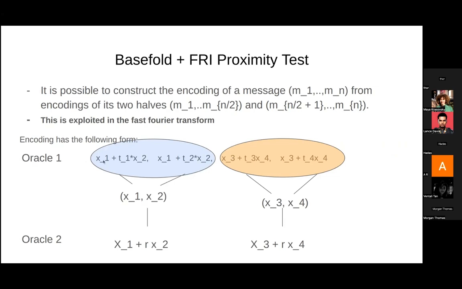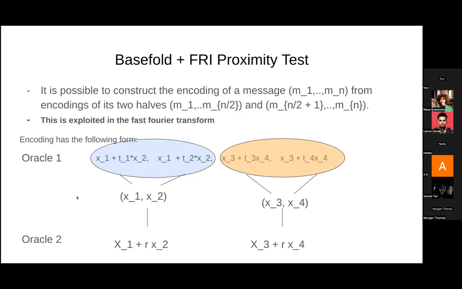And it'll be of the form x1 plus t1x2, x1 plus t2x2, which are just 2 degree 1 linear equations. You can interpolate them using standard Lagrange interpolation to get x1, x2, and then combine them to get an element in oracle 2.